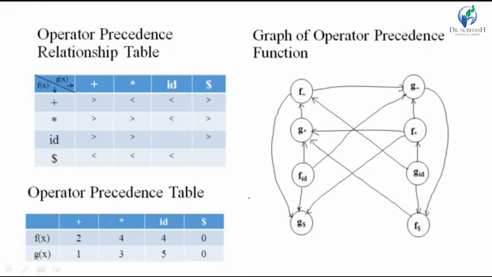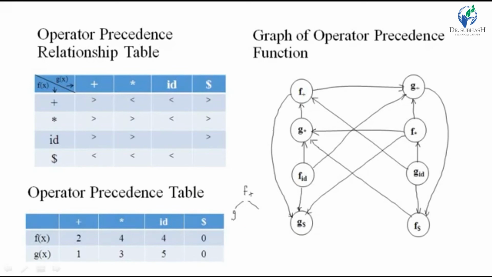So here f of plus, check relationship table outer precedence. So in f of plus there are two outer precedence. First is G plus and second is G dollar.